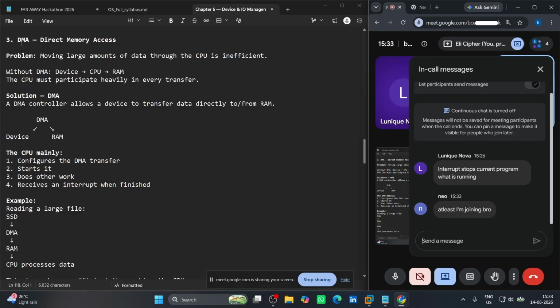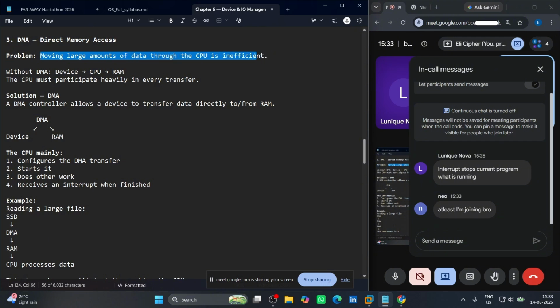Okay, so here our third section is DMA, direct memory access. So what is it? Firstly, the problem: moving a large amount of data through the CPU is inefficient because it will take CPU time and resources which shouldn't be utilized at that time, right? We are always searching for efficiency, right?